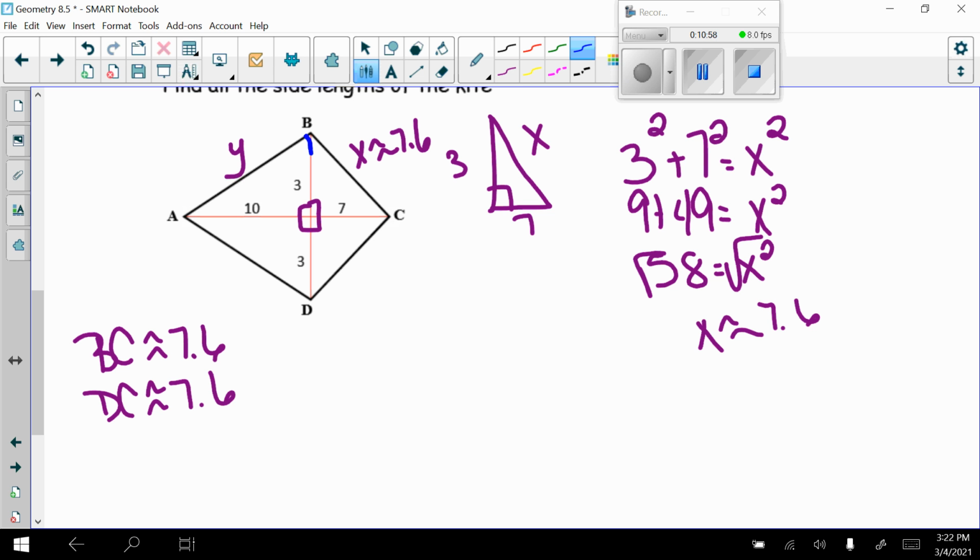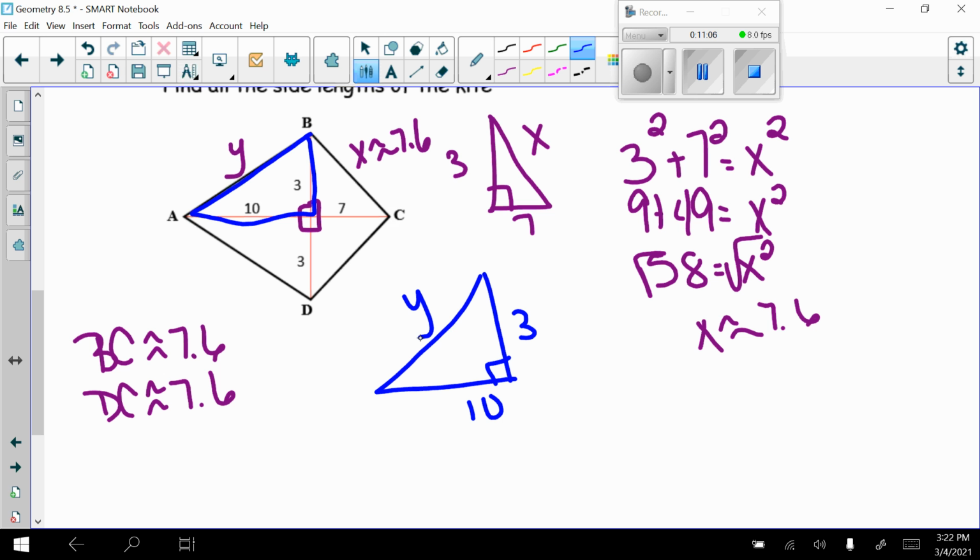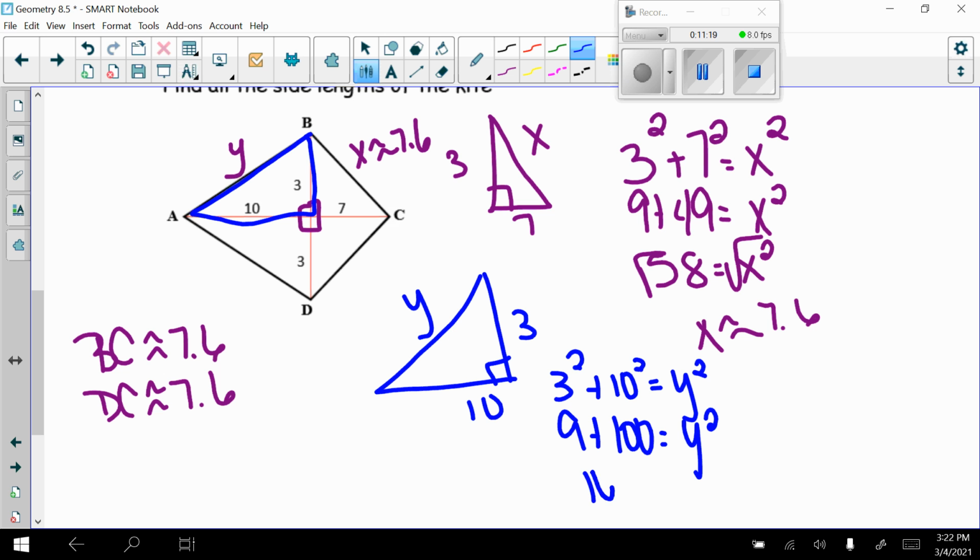So now I'm going to do this other triangle. So this one, 3, 10, and y. Again, I'm still going to do Pythagorean theorem. So 3 squared plus 10 squared equals y squared. So 9 plus 100 equals y squared. 109 equals y squared.